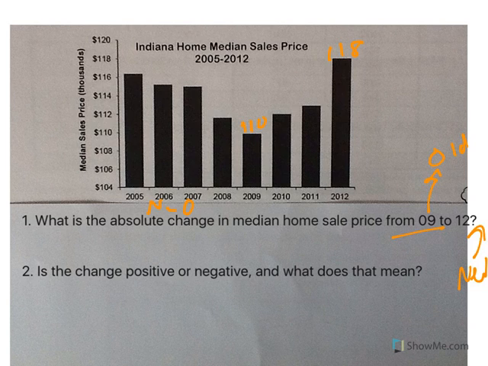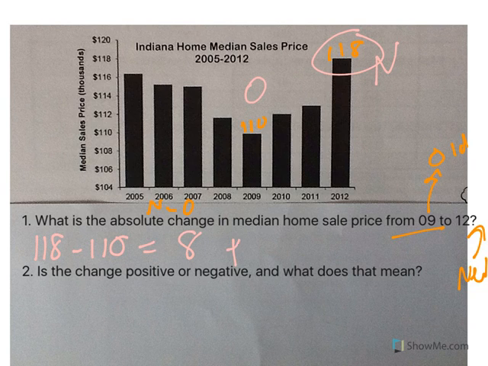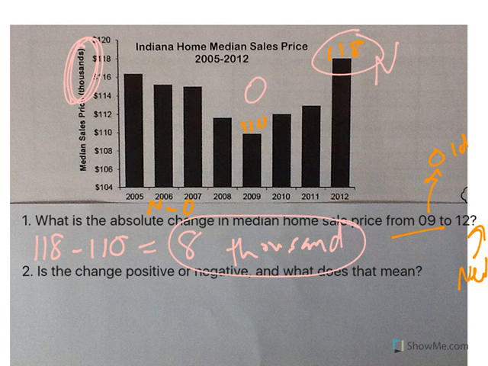So when I'm finding my absolute change, I would take 118 minus 110, because this is new, this one's old. New minus old gives me 8,000. Now, I put the word thousand on there because my label here says the sales prices are in thousands. So for part number one, the absolute change is $8,000.